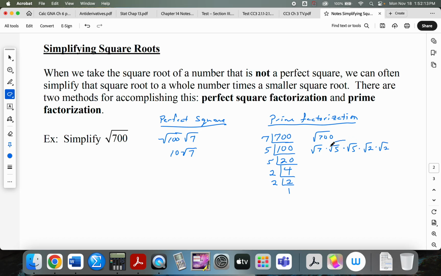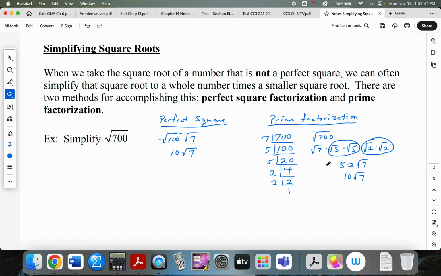And what is the square root of 5 times the square root of 5? We did this, 5. And what's the square root of 2 times the square root of 2? 2. And we still have a square root of 7 left. It's 10 square roots of 7, which is the same thing we got when we did the perfect square factorization.